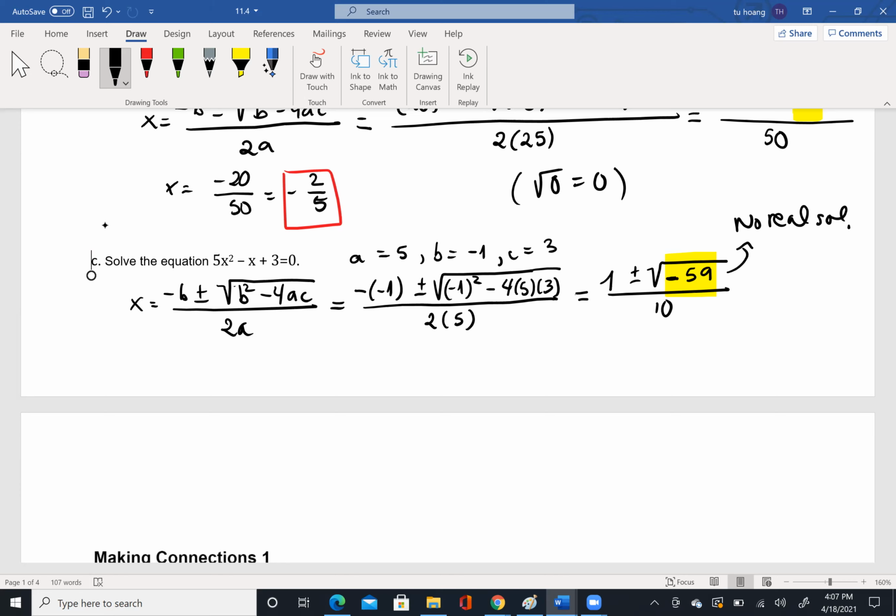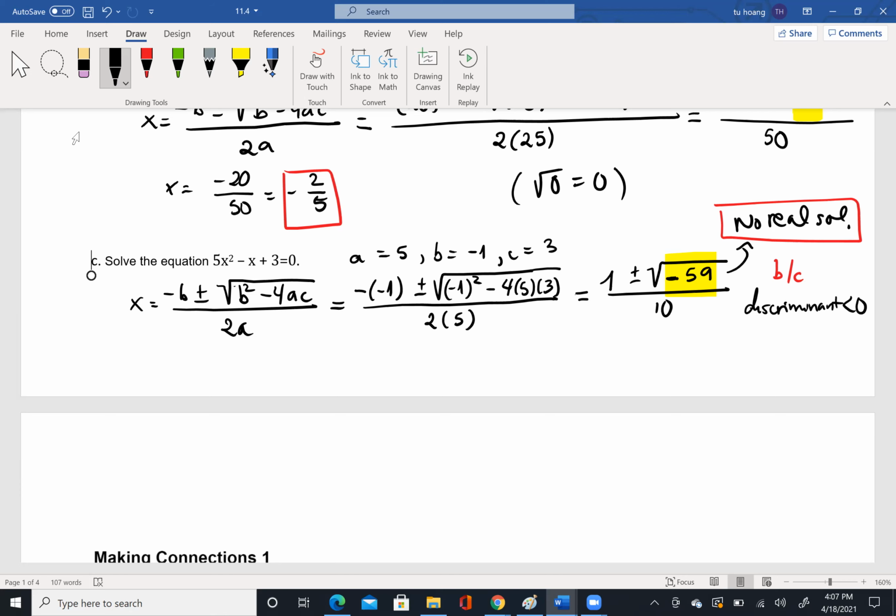So for now you can just stop here and state that there's no real solution with the k that is less than 0, because the discriminant is less than 0.